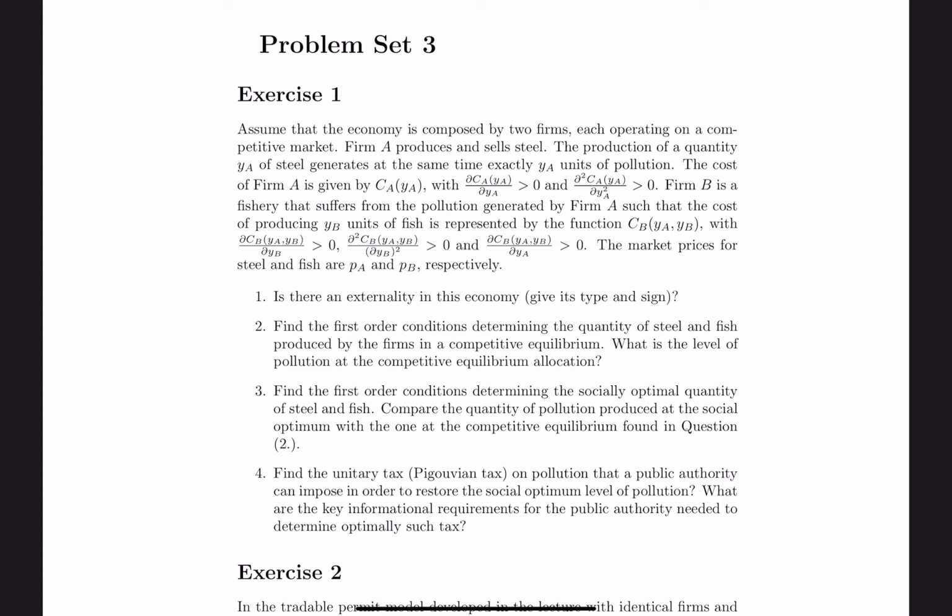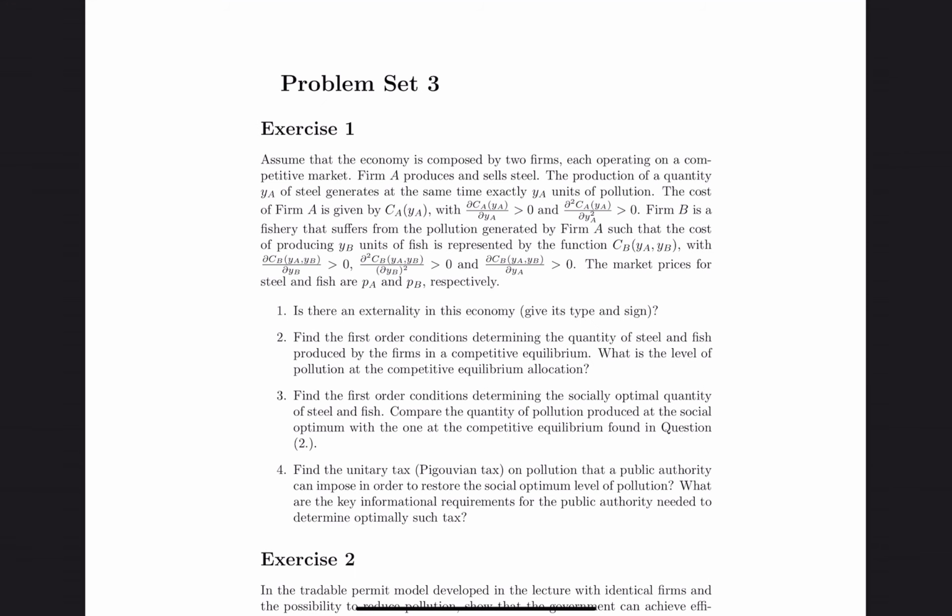So in exercise number 1, we have the following. Assume that the economy is composed of two firms, each operating on a competitive market. Firm A produces and sells steel. The production of a quantity YA of steel generates at the same time exactly YA units of pollution.